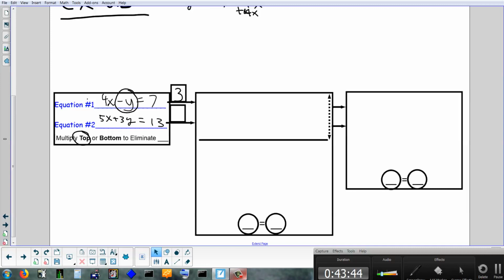So you've got to be careful. If the single variable is negative, multiply by the same exact thing that it's attached to in the other equation. Let me say it again. If the single variable is negative, multiply by the same exact thing that it's attached to in the other equation. You don't have to multiply this by a negative. Keep it as 3.